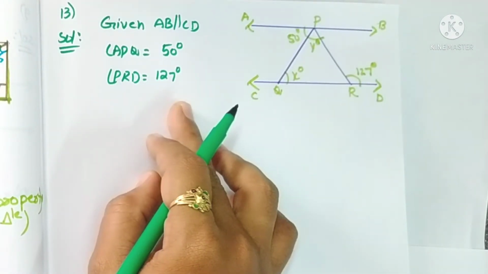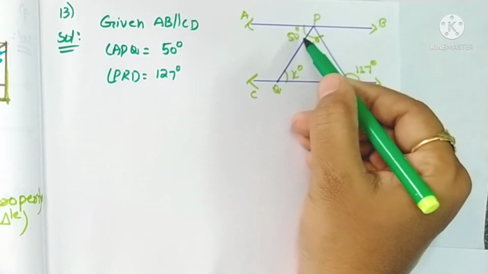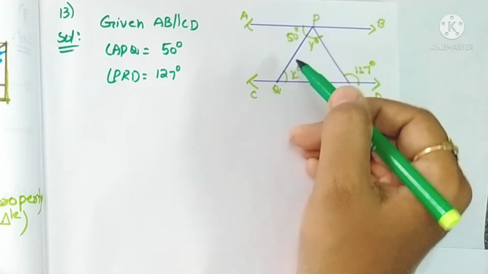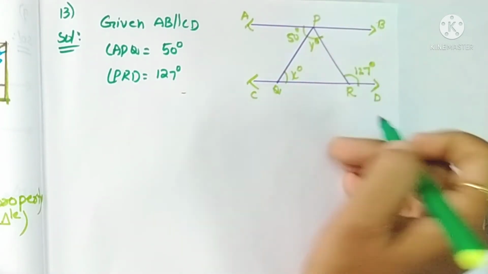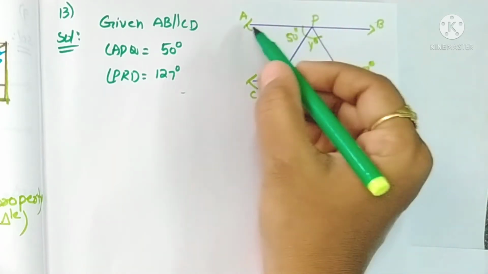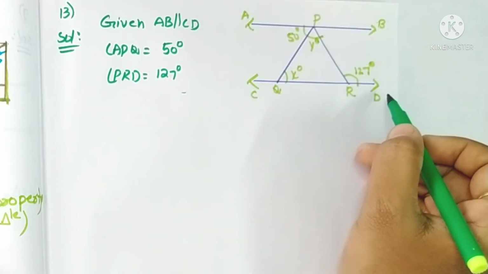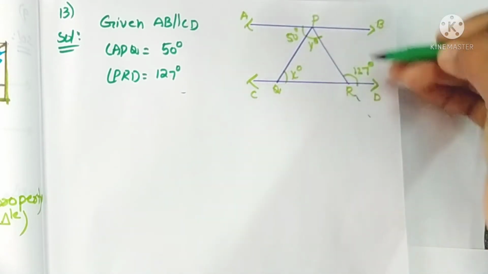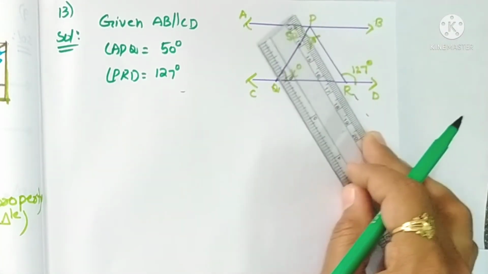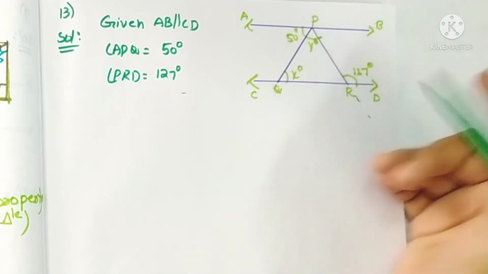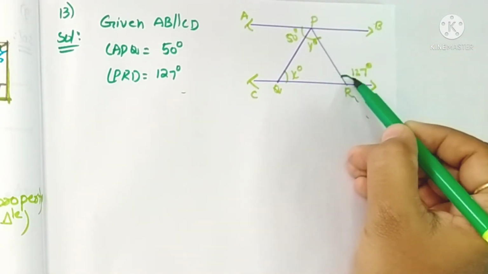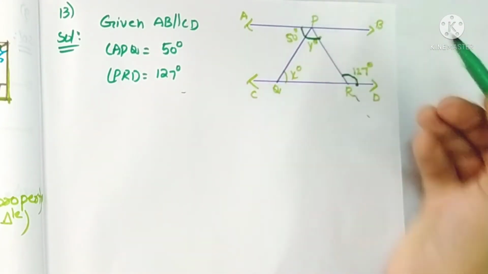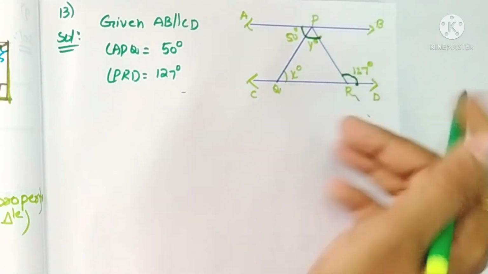See now, here angle APQ is 50 degrees and angle PRD is 127 degrees, they give. These two lines are parallel, AB parallel to CD. If PR is a transversal, this angle and this angle are alternate angles, right?